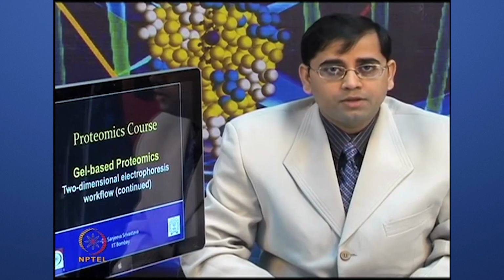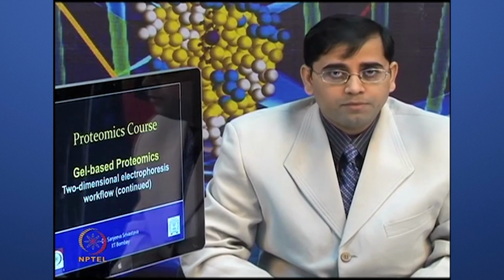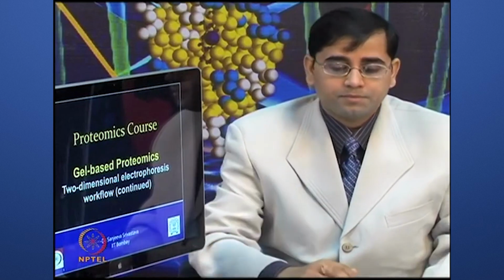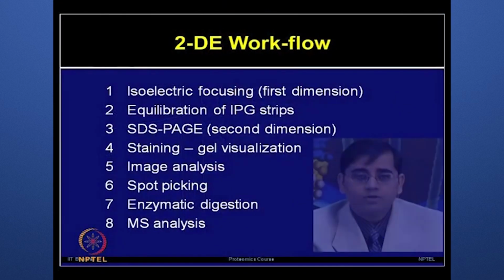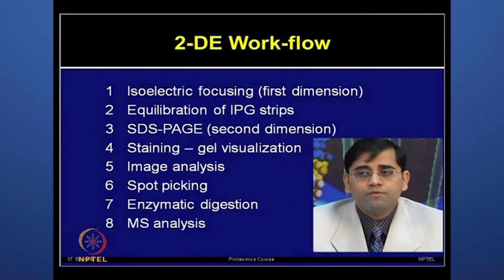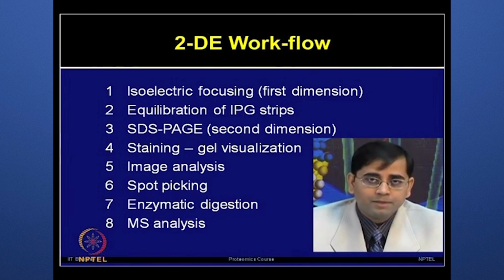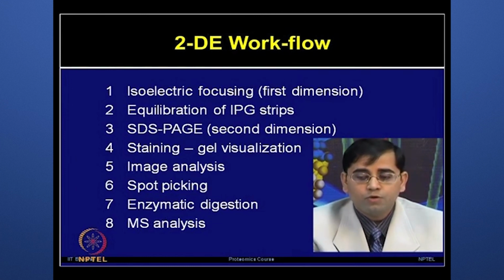I demonstrated some video to give you the laboratory feel of how the experiment can be performed, and now we are continuing from the previous lecture. In today's lecture, we will talk about the workflow of two-dimensional electrophoresis. The first step was already described in the last lecture, and we will discuss a few more steps today.